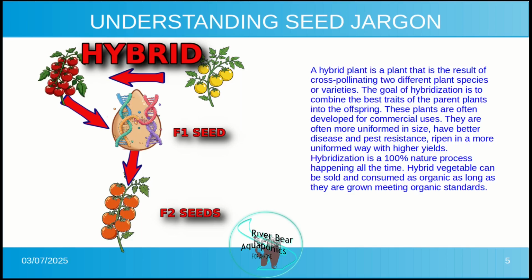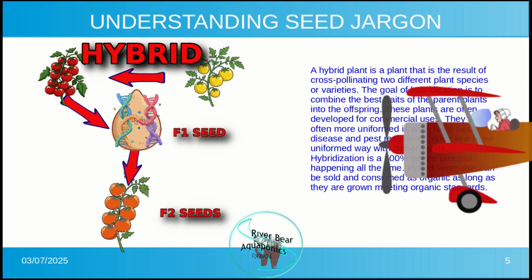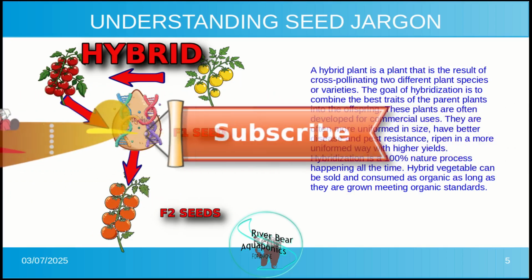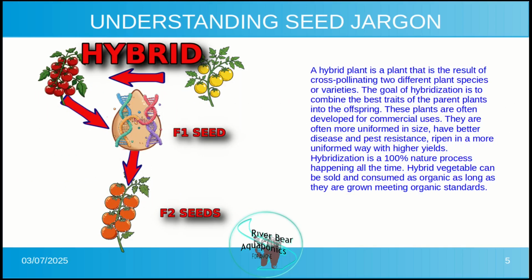They often have more uniform size, better disease and pest resistance, ripen more uniformly, and often have higher yields. Hybridization is a 100% natural process. It happens in nature all the time. Hybrid vegetables can be sold and consumed as organic, provided they have been grown meeting organic methods.